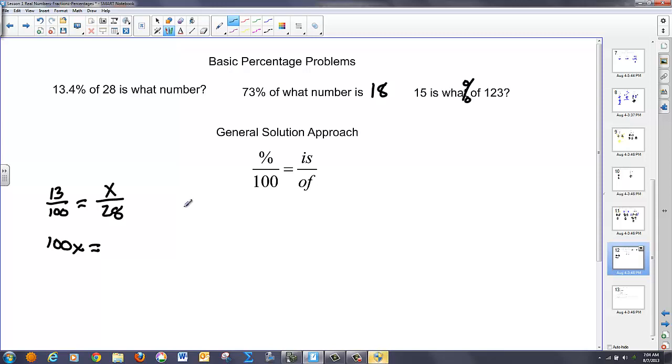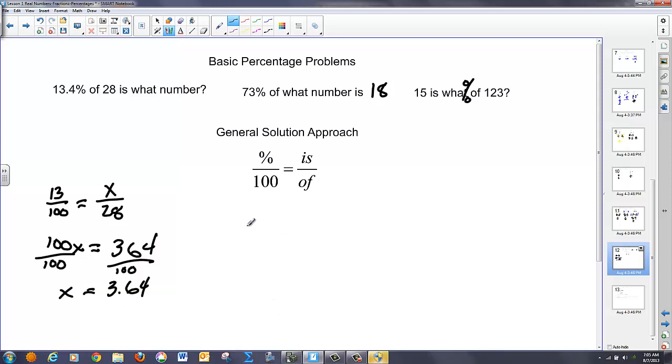That ends up being 364. Divide that by 100, and we get 3.64. We'll divide both sides by 100. We should have gotten that out of pre-algebra, I would think.